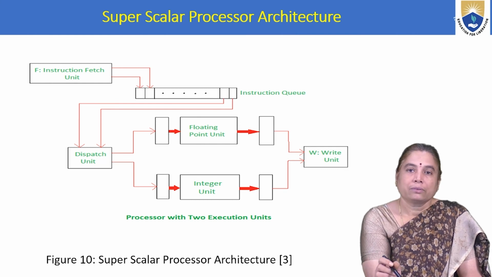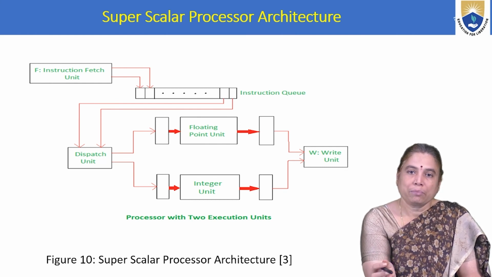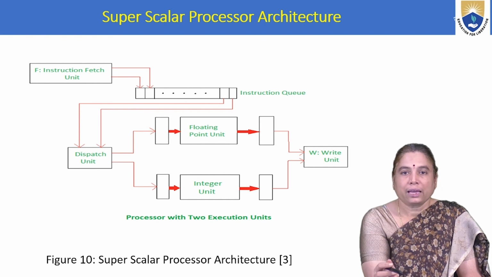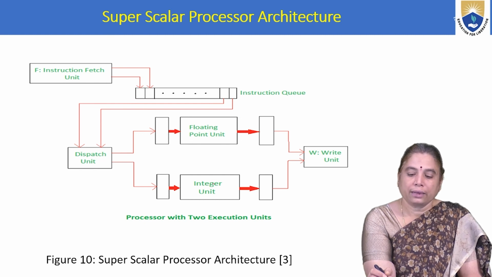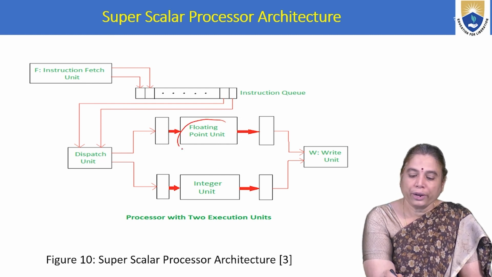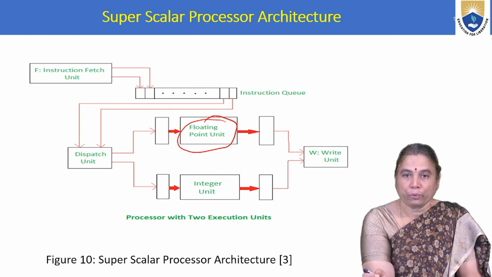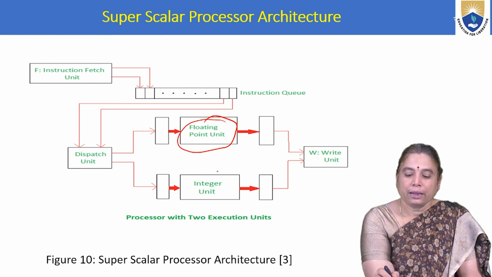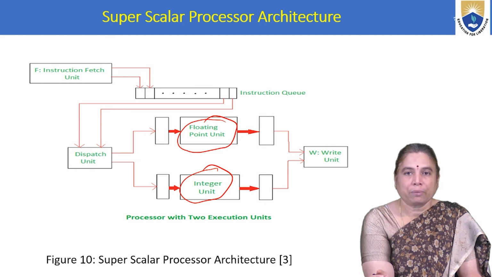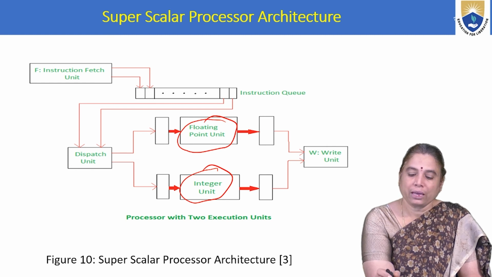In these, some more functional units can be added so that they can perform some specialized tasks. In this architecture, a floating point unit is used for floating point processing and an integer unit for integer computations, so that floating point addition, subtraction, multiplication and division are carried out with the floating point unit.